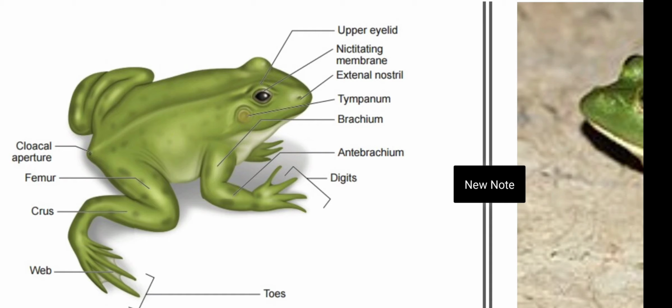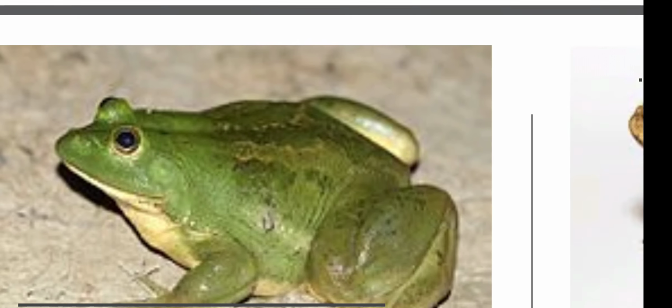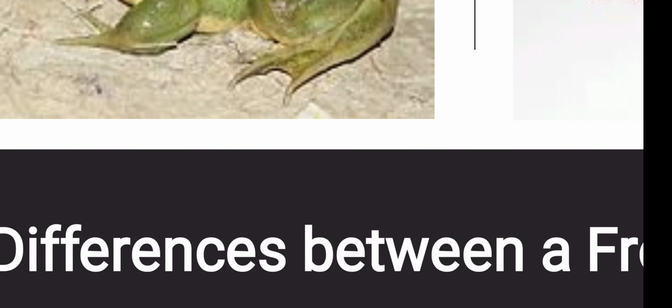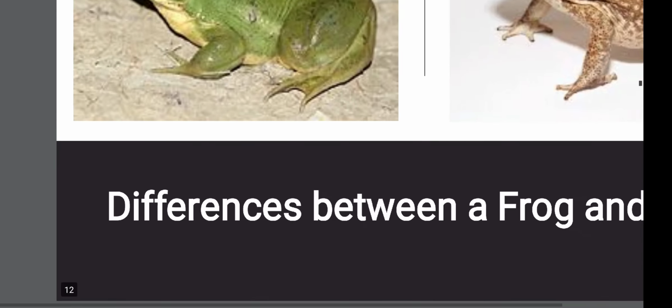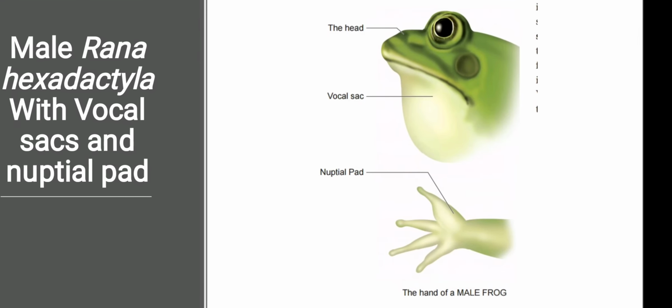Sexual dimorphism is seen in frog. It is exhibited during the breeding season. Male frog has a pair of vocal sacs.